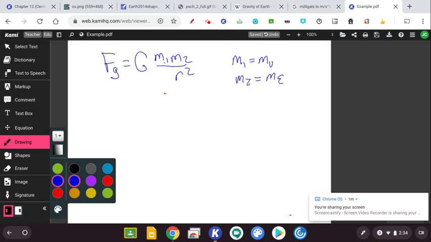With that said, we can plug in the values: the force of gravity is equal to big G times the mass of you times the mass of the Earth divided by r squared. The distance, r squared, would be the distance between you and the center of the Earth. And we're going to talk about that a little bit more in a few seconds.